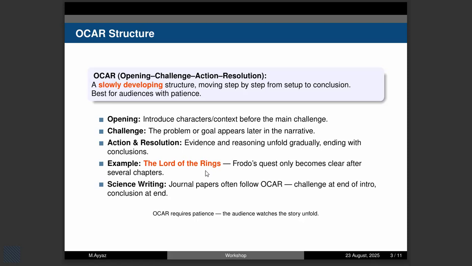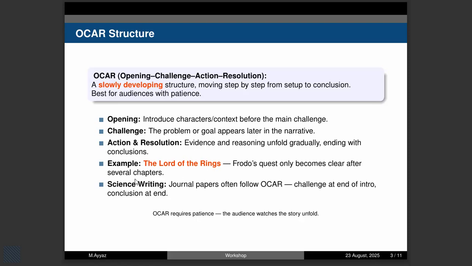So this structure is followed by most fiction writers, like the author who wrote The Lord of the Rings. It is also used by most scientific writers who are writing for specialist journals.